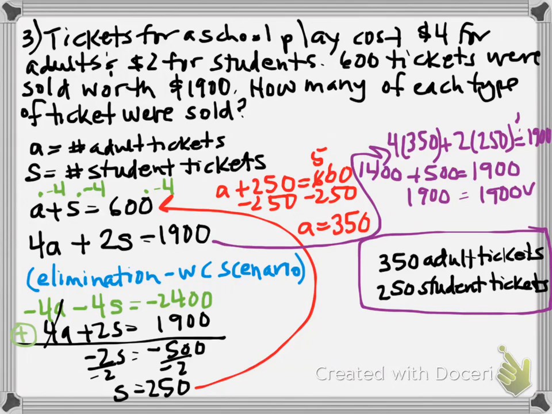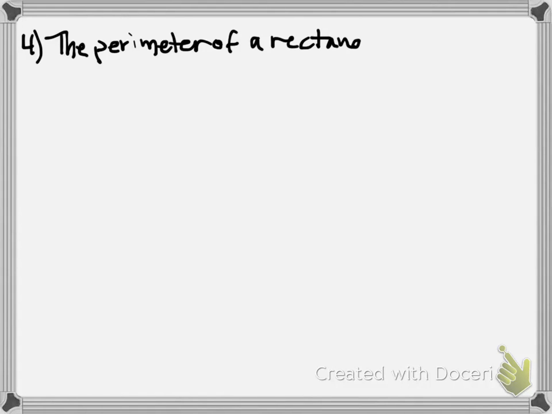Okay? All right, we got one more. And this last one should be a little familiar to you. It's the number 4 on that sheet. And it talks about our old friend, Mr. Rectangle. The perimeter of a rectangle is 48 centimeters.